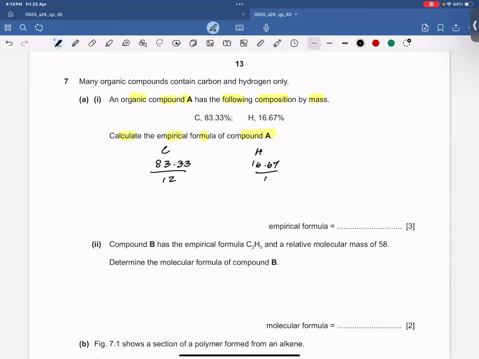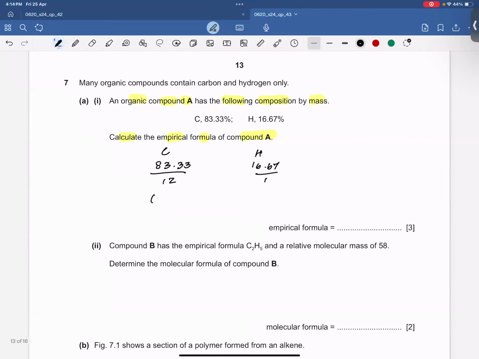So this is going to be 6.94 and this is going to be 16.67. 6.94 is the lower value. Divide on both sides. So it's going to be 1 and it's going to be 2.4. So obviously the lower number, we will multiply.